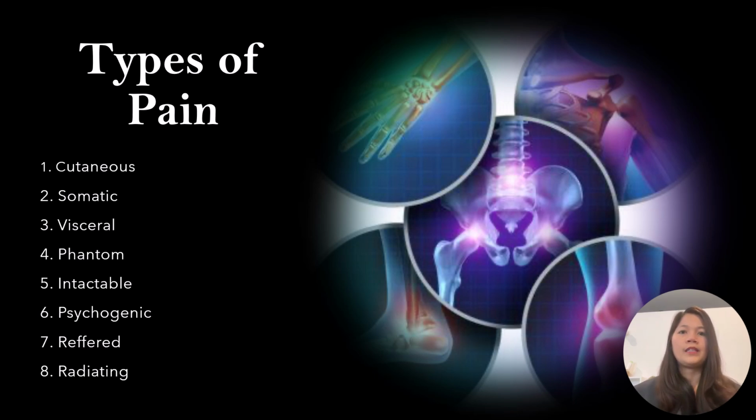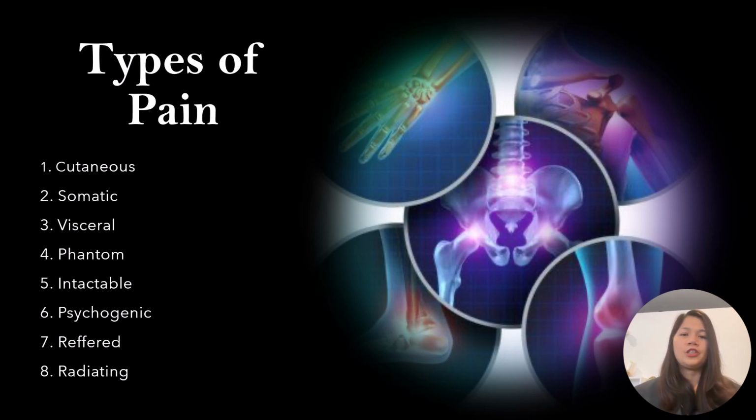And then we have referred and radiating pain. For referred pain, it is perceived on the other side. For example, cholecystitis. The gallbladder is situated in the right upper quadrant. However, the patient is complaining of right shoulder pain.